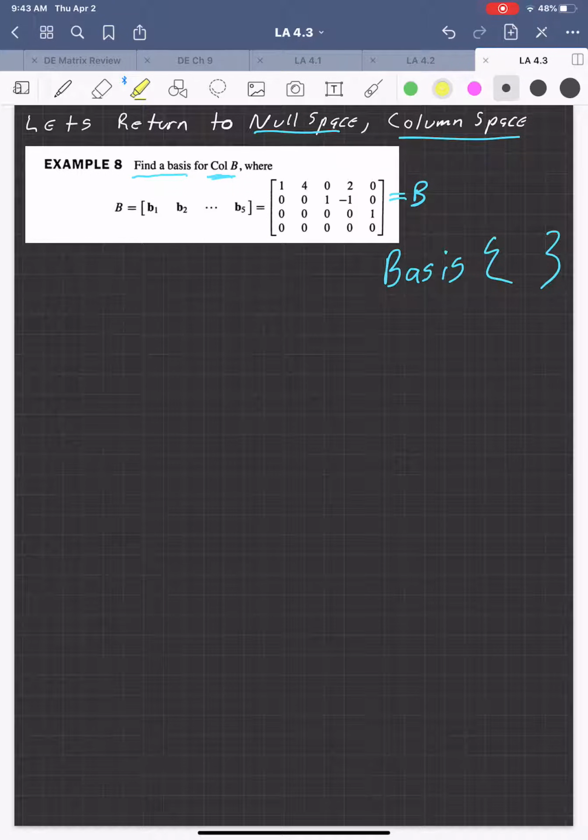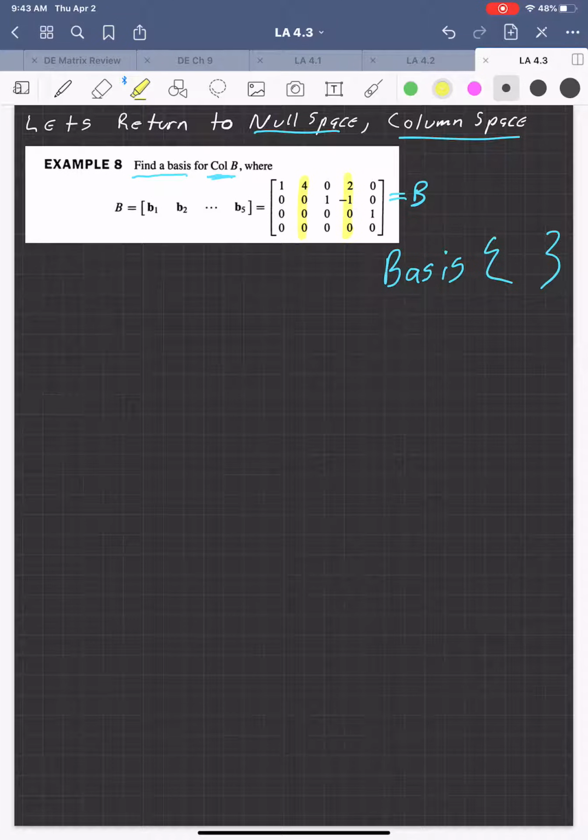So if you had to pick, inside B, which columns are going to represent the free variables? I'll give you a second to think about that. Do you agree with me that this column right here is representing a free variable? These are non-pivot columns. And so is this one right here.